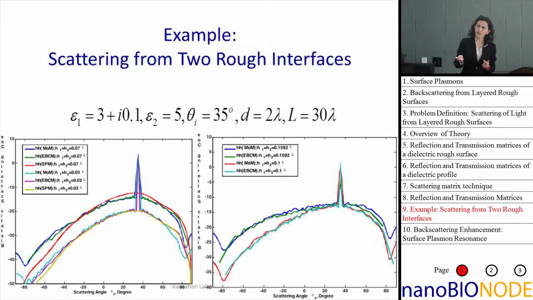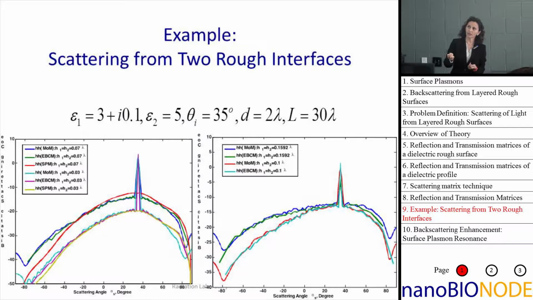This peak that you see is the Fresnel reflected, the coherent wave being reflected at 35 degrees. If you had a flat surface, no roughness, then everything else, in dB, would be negative infinity. It would be just zero, nothing coming back in any other direction. But now that we have a rough surface, and here's a layered rough surface, then of course we get stuff back in the backscattering direction as well.